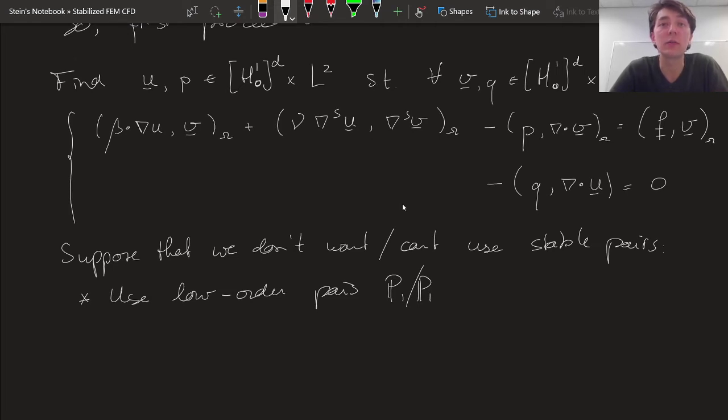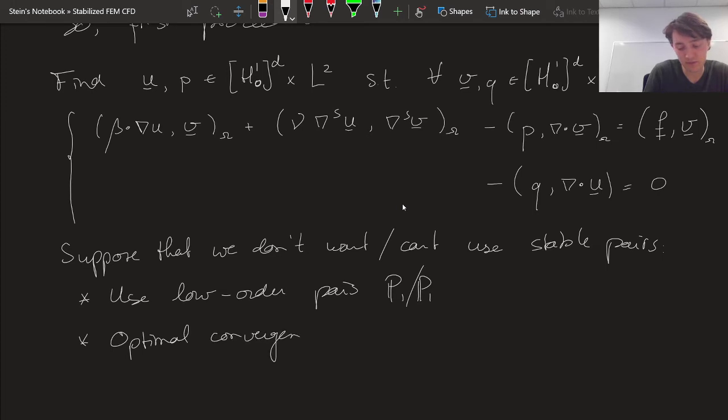It's the most natural choice. Or extending on that, we might want to have something that has optimal convergence in both U and P for equal order pairs.